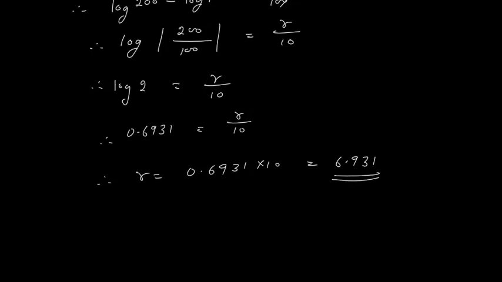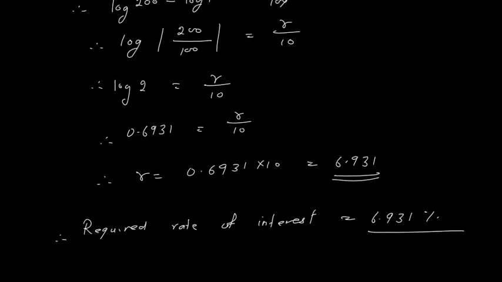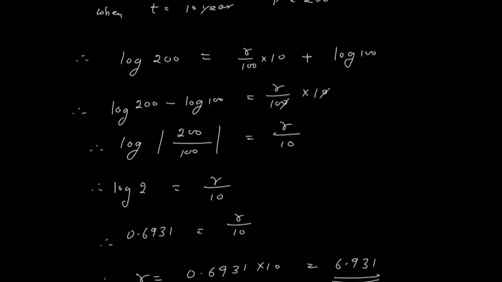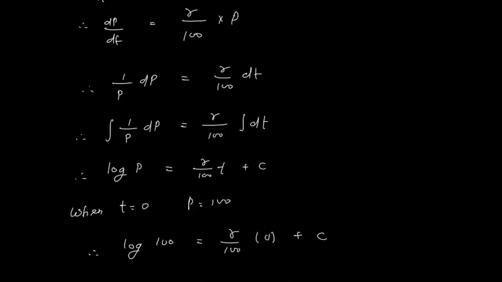This is the value of R. So the required rate of interest is 6.931. So if the rate of interest is 6.931, your amount will become double after 10 years. This is what we conclude from this problem.